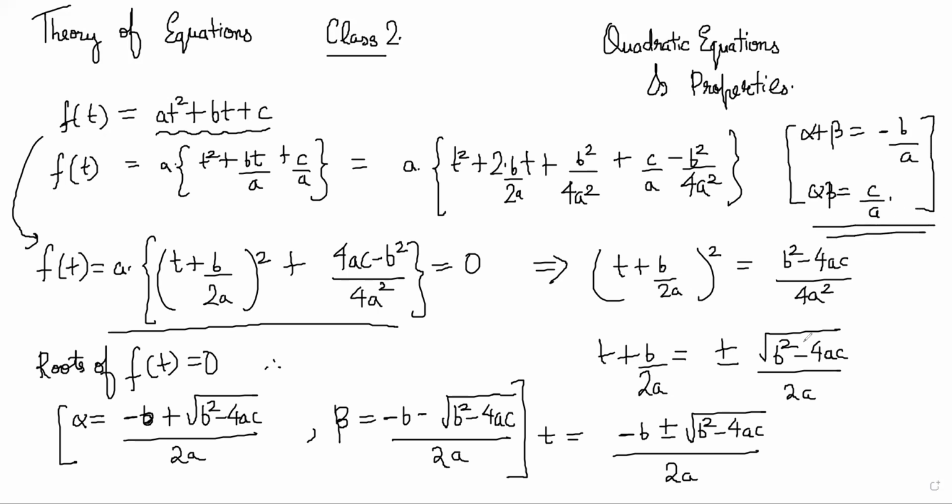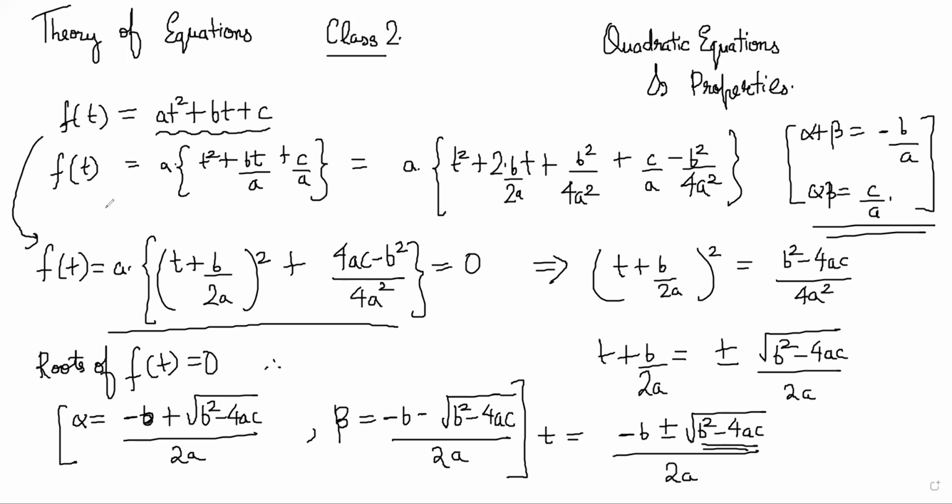So we have found both the roots, and the relation between the sum and product of the roots and the coefficients of the quadratic equation. Great. Now we can say that these roots are real if and only if the square root quantity is non-negative.